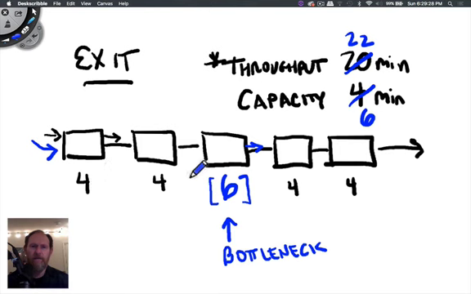Where we have all stations in a system, or all activities in a station, when they all possess the same processing times, then we don't have a bottleneck. But when we do, the bottleneck in effect becomes the capacity, because it regulates how often we can produce an item from the system.